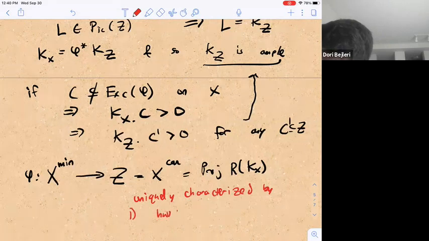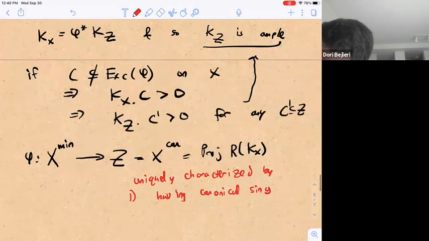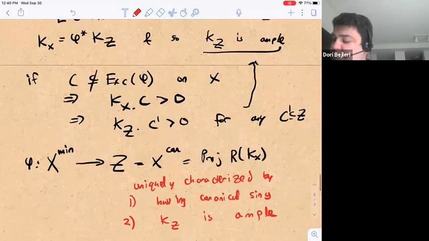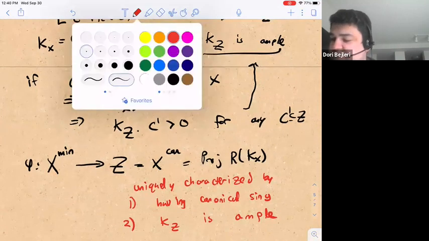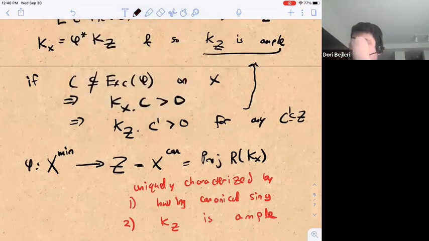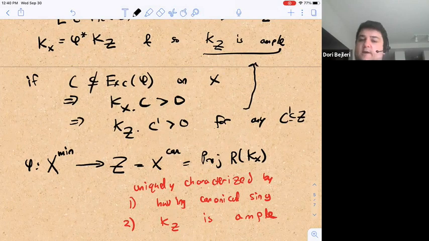One, having canonical singularities, or these ADE singularities. And two, having the property that KZ is ample. So you can make that into a definition that a canonical model is either proj of a canonical ring, if it makes sense, or it's a variety with canonical singularities on which the canonical bundle is ample.